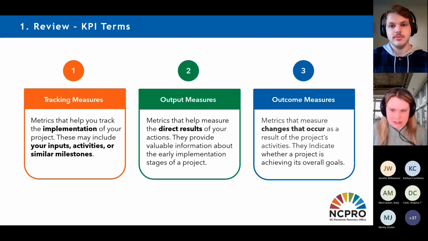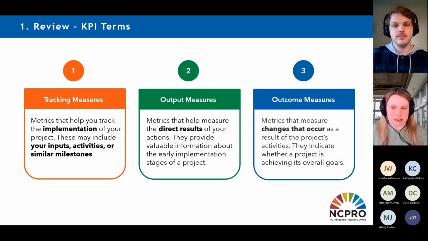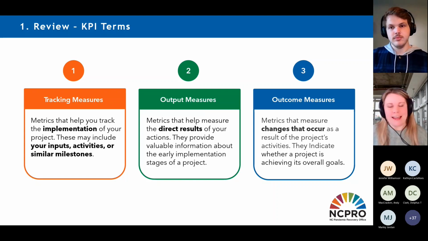We have longer definitions here, but in general, project tracking measures measure the work you have done. Output measures measure the direct results of project activities, and outcome measures measure changes that happen because of a project's activities. And those are ones that are more related to whether or not the project is achieving its overall goals.